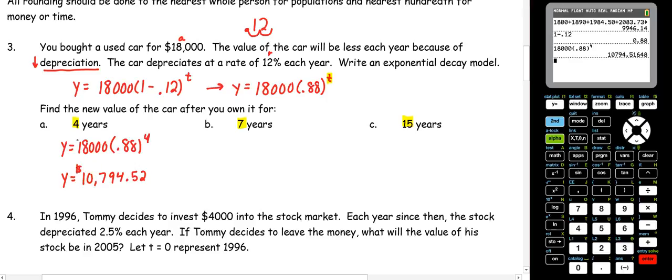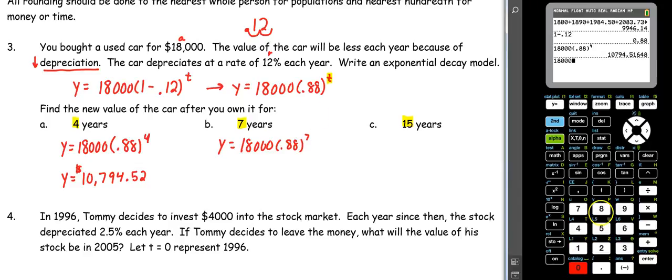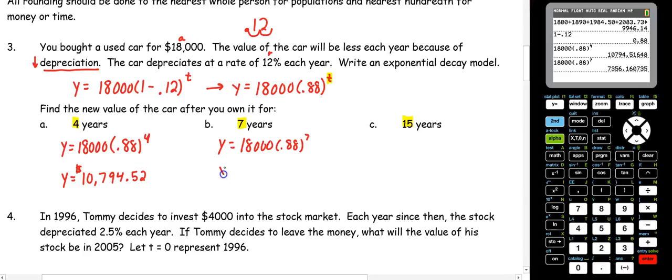Make sure that we're labeling it, so I have my dollar sign. 7 years, y equals 18,000 times 0.88 to the 7th. And that gets us $7,356.16, which makes sense. The longer that you own a car, the less it's going to be if I was trying to trade it in or sell it later on.